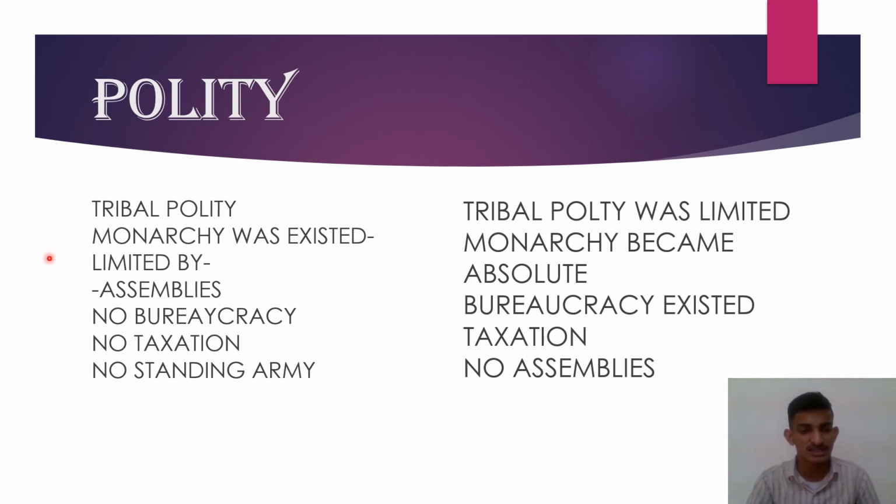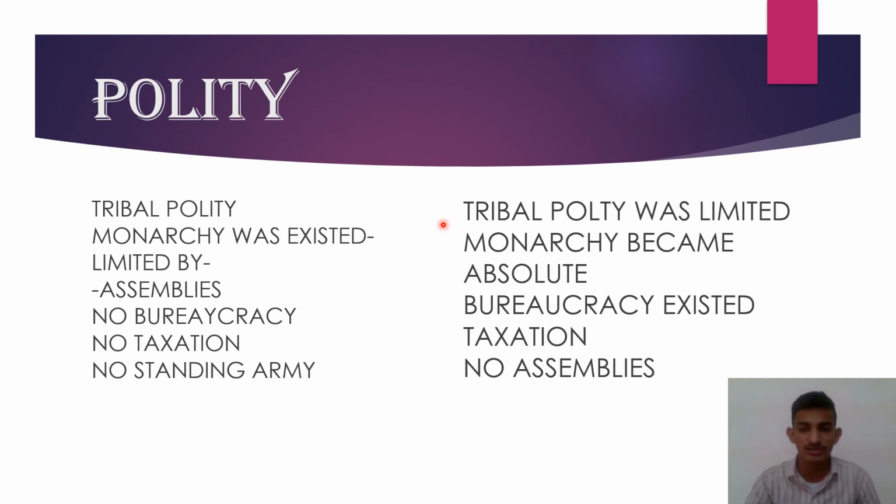And monarchy existed, but these monarchies were limited by these assemblies, and there was no bureaucracy and no taxation. There was a voluntary tax known as Bali, and people voluntarily came and gave the tax to the king, and there was no standing army. And we'll deal with the later Vedic age polity, where the entire situation has changed.